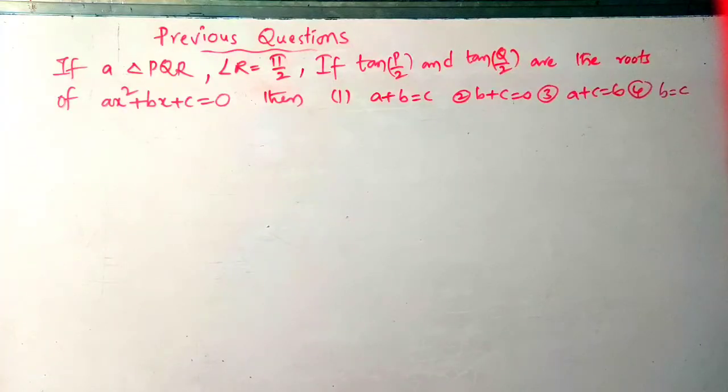Right, next question. In a triangle PQR, angle R is equal to pi by 2.